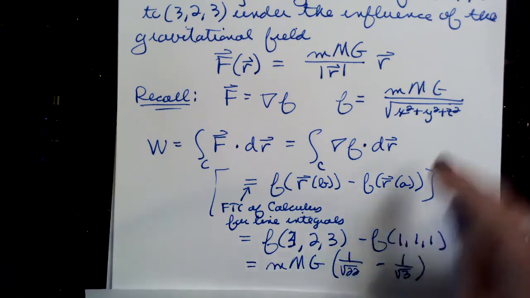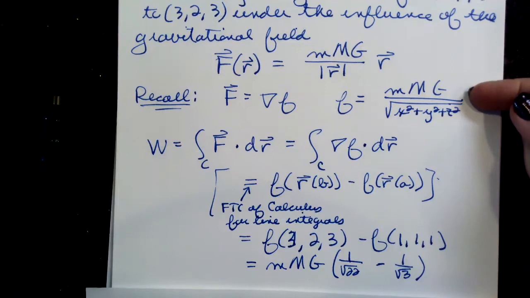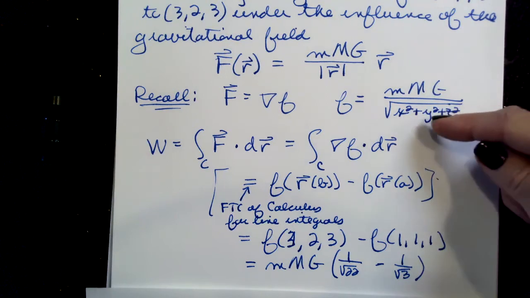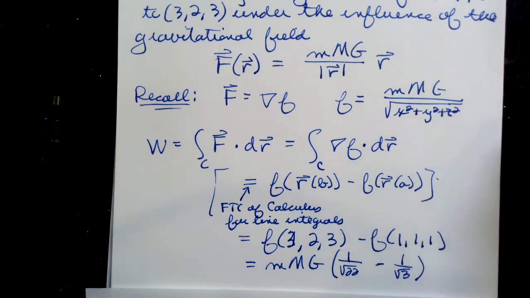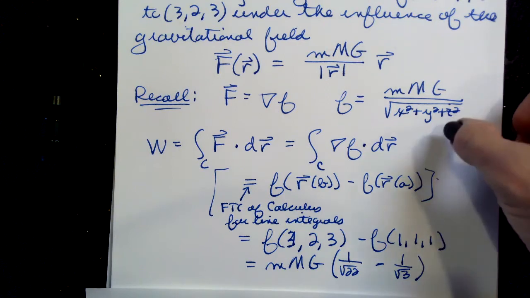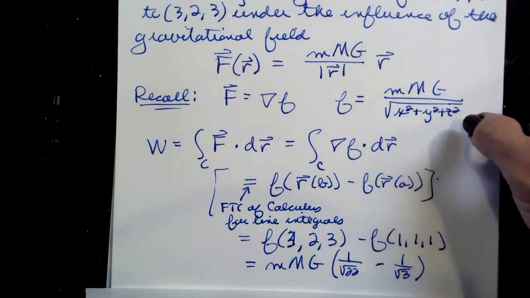To get that, we just plug into the formula for f, and you get 1 over the square root of 9 plus 9 plus 4, so that's 22. Then at (1,1,1), pulling out the constant m M g, you get 1 over the square root of 3.